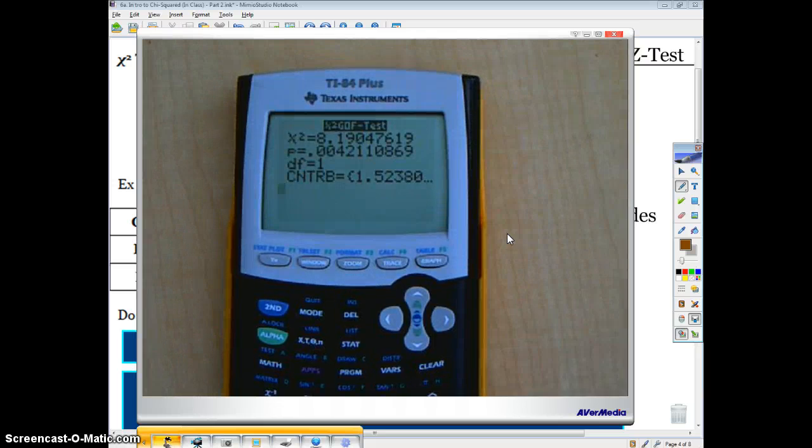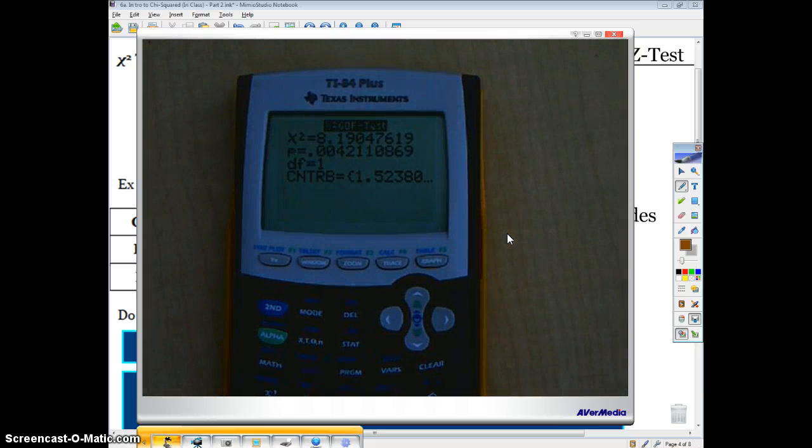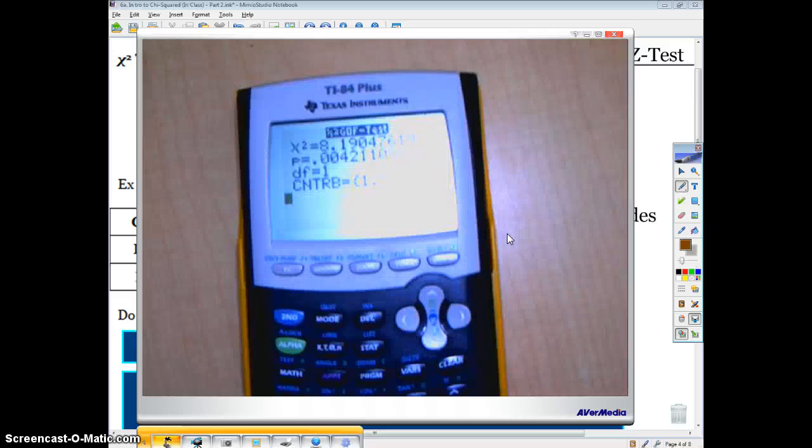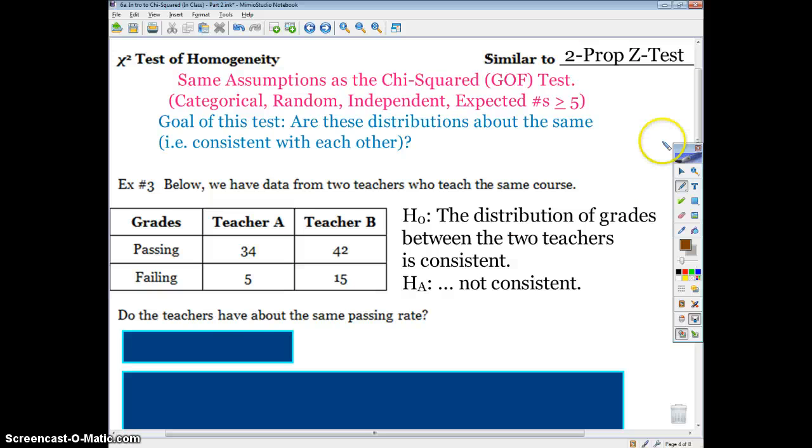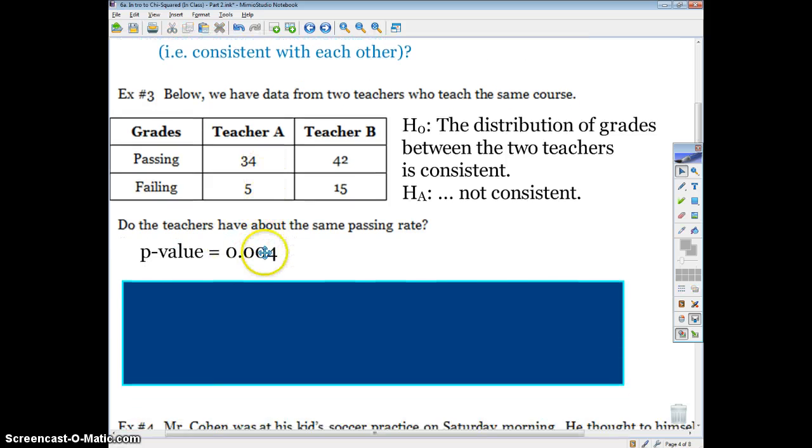All right, so we get a p-value of 0.004, okay? So I go back over here. All right, so my p-value is 0.004.